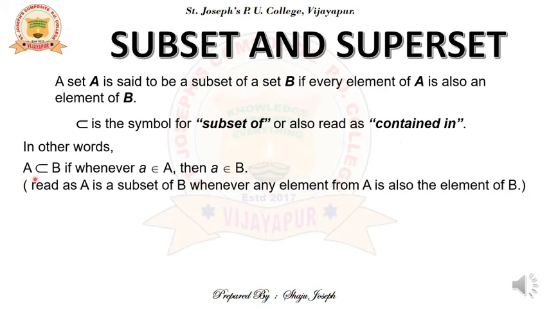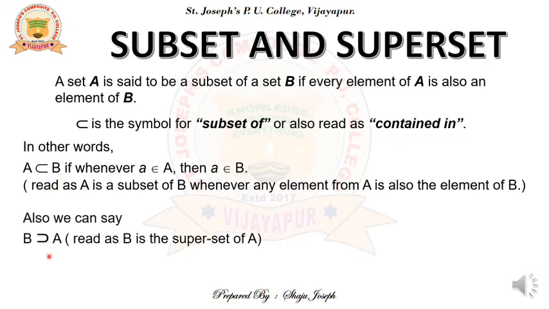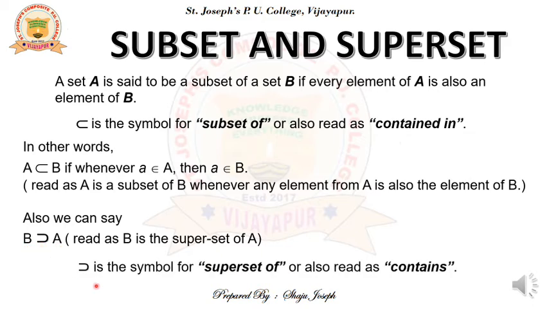Whenever small a is an element which is present in A, so we can say a belongs to A, then a also belongs to B. The meaning of this is, if you take any element from A, then the same element should also be there in B. Then we can say A is a subset of B. Or the reverse form of the same thing is, B is called the superset of A. Look at the symbol for superset.